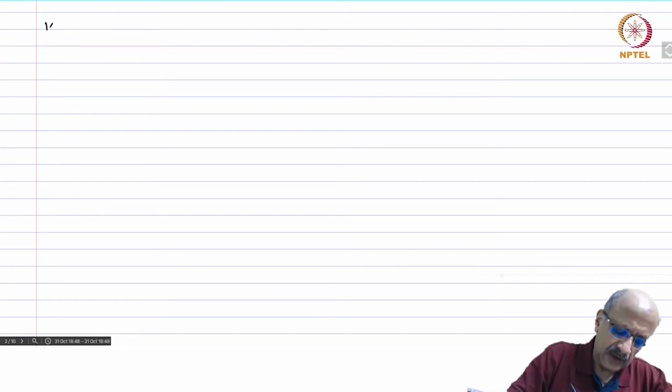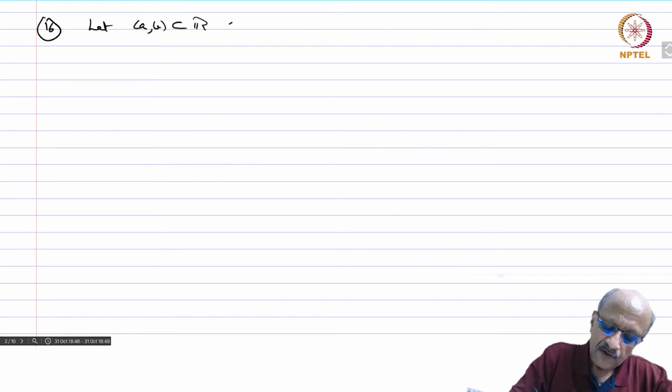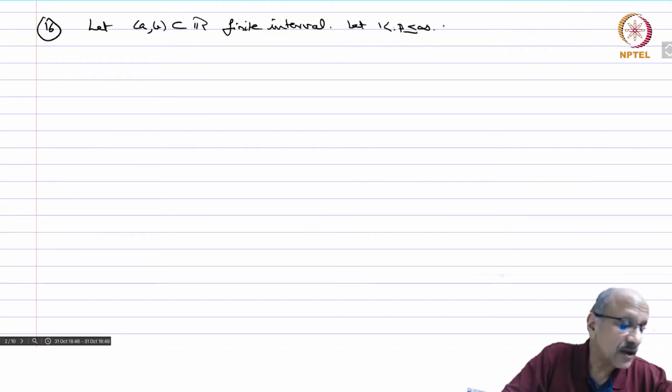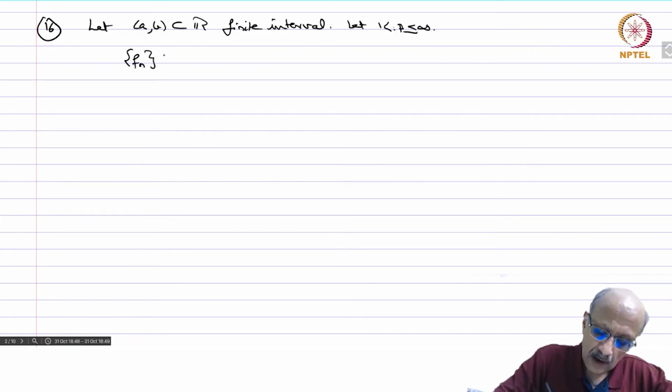Okay, so now 16. Let (a, b) be a finite interval contained in R. Let 1 less than p less than or equal to infinity, and f_n a bounded sequence in Lp(a, b).